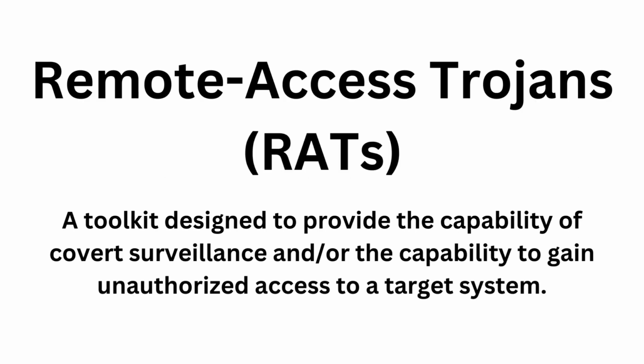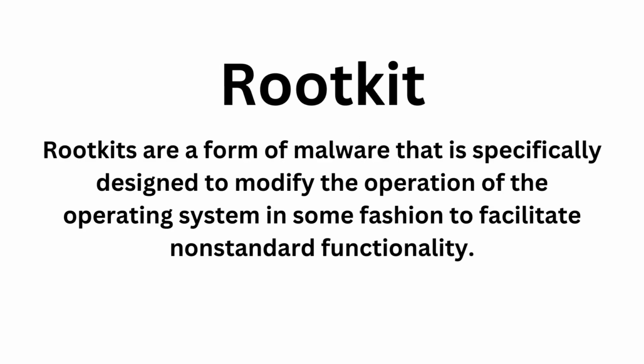Remote Access Trojans, or RATs. A toolkit designed to provide the capability of covert surveillance and/or the capability to gain unauthorized access to a target system. Rootkit. Rootkits are a form of malware that is specifically designed to modify the operation of the operating system in some fashion to facilitate non-standard functionality.